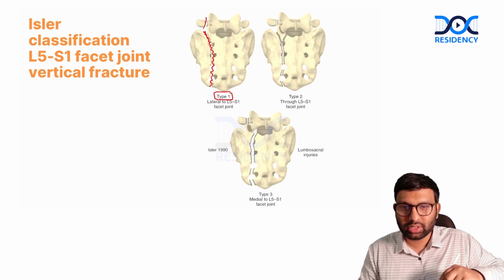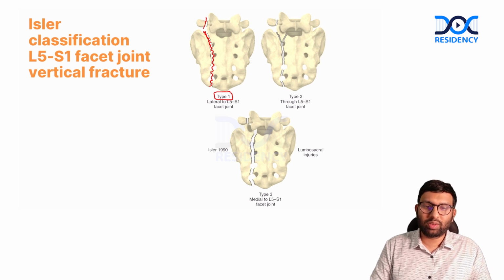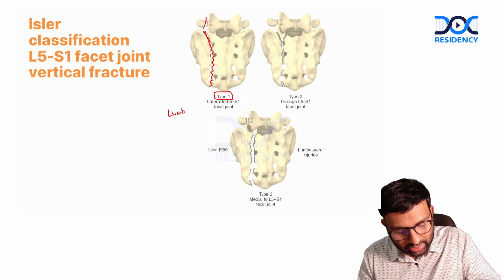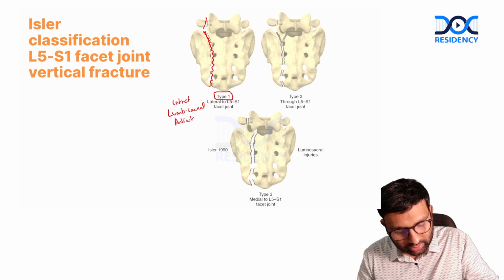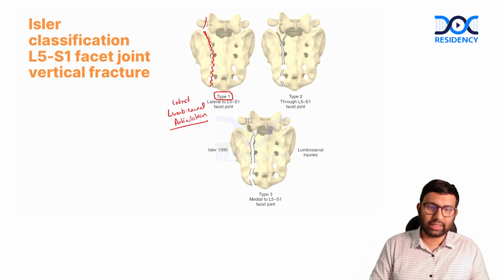It can fracture the transverse process, but it goes lateral to the L5-S1 facet joint, and that is why this has an intact lumbosacral articulation. So lumbosacral stability is present in type 1.